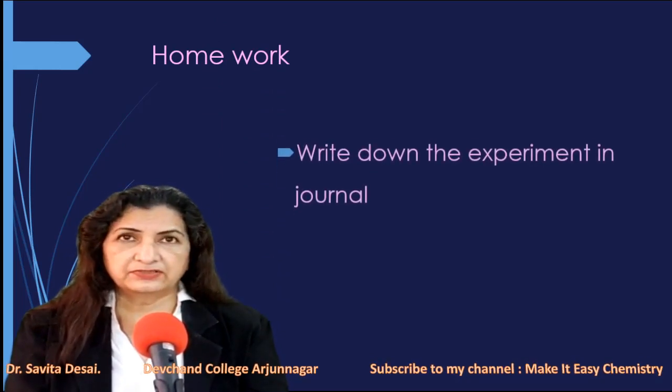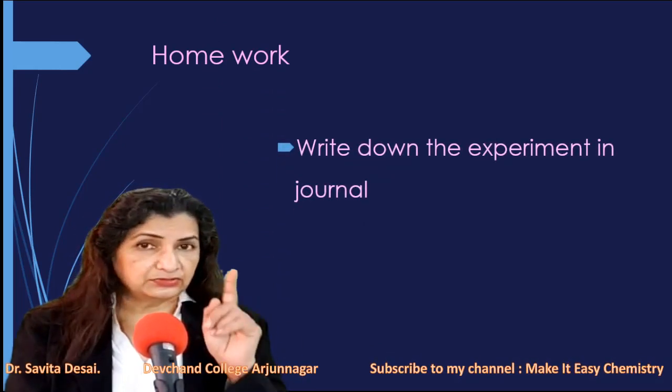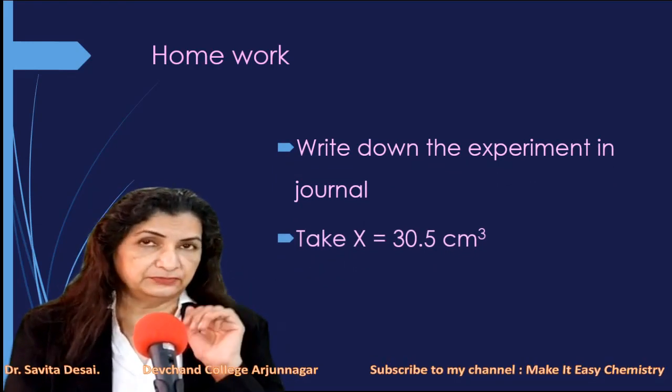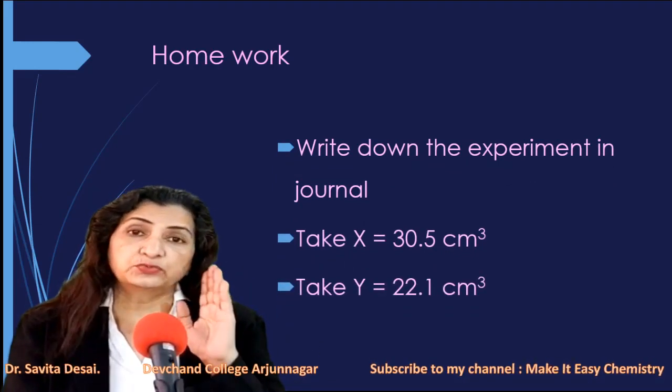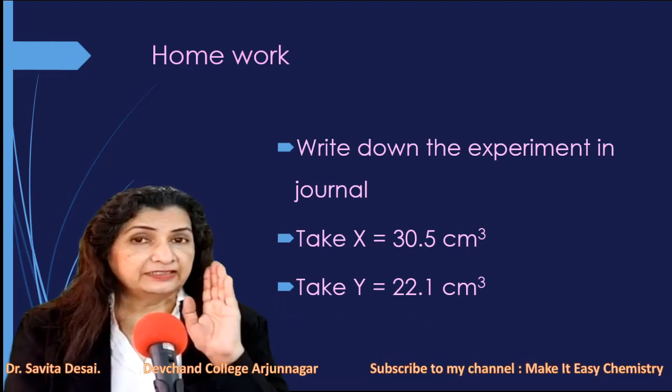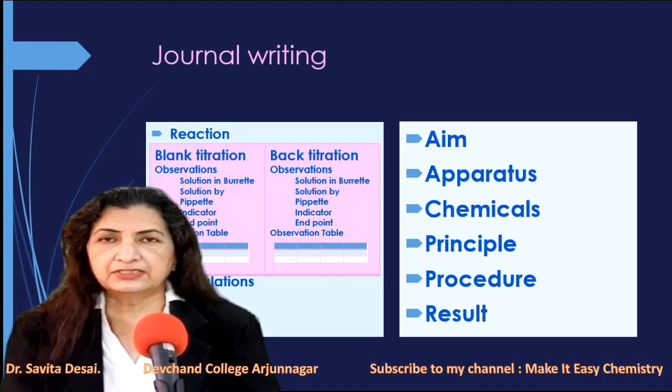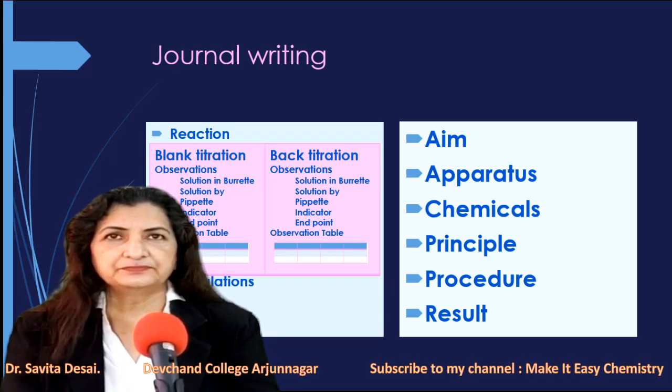What is the homework for today's experiment? Write down the experiment in your journal. Take X equal to 30.5, Y equal to 22.1 and W equal to 1 gram. The journal writing method is as usual.